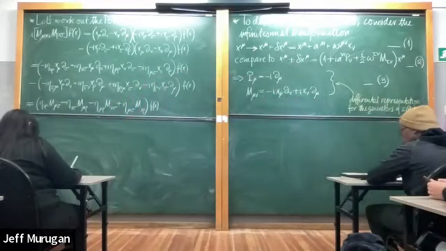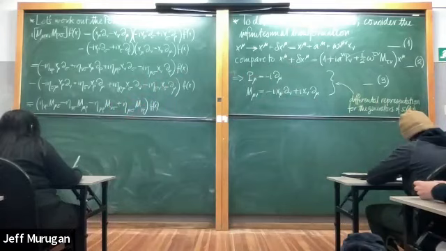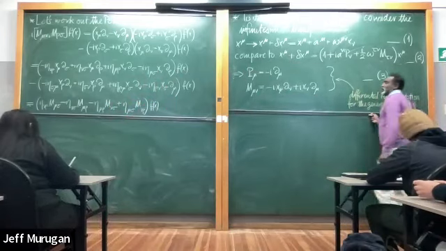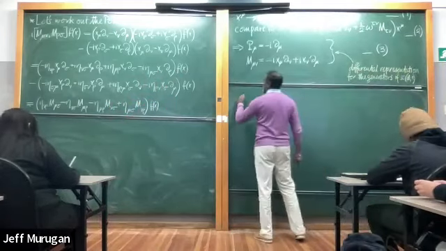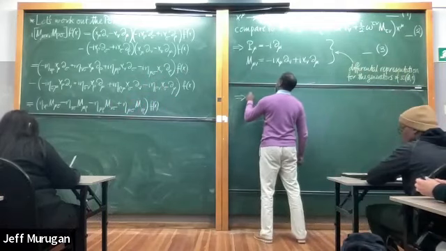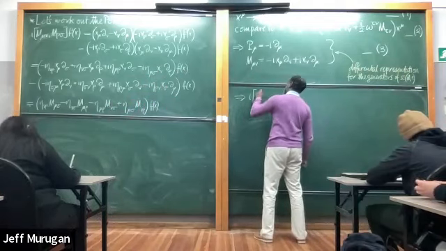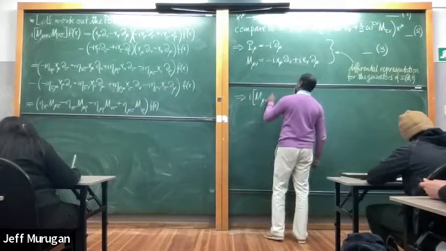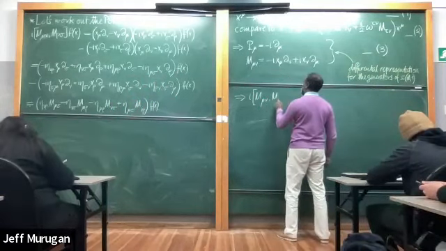This holds for any test function that has at least two derivatives, so we get the commutator between M mu nu and M rho sigma.